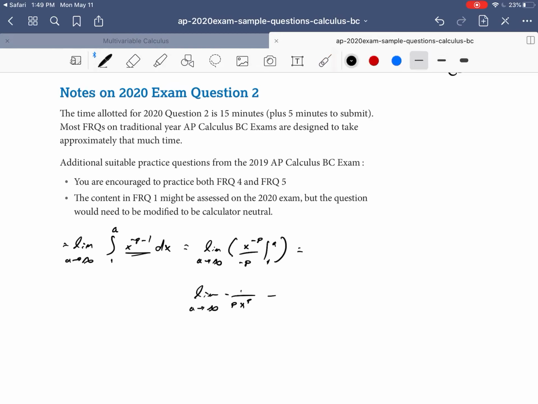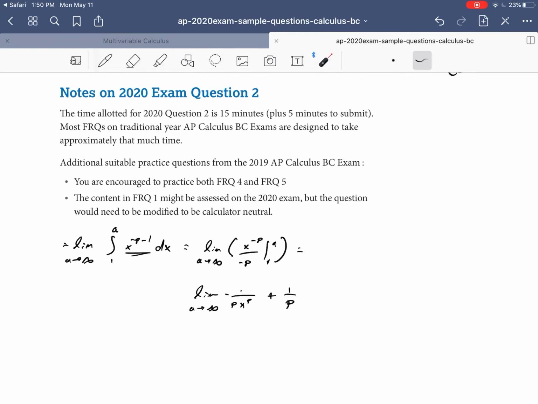Now we have minus, and we let x be 1 here. When we plug in x equals 1, we get 1 to the negative p, that's just 1. So we have minus a negative 1 over p, which becomes plus 1 over p.